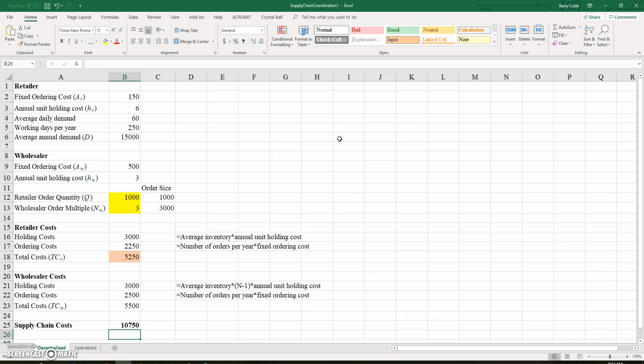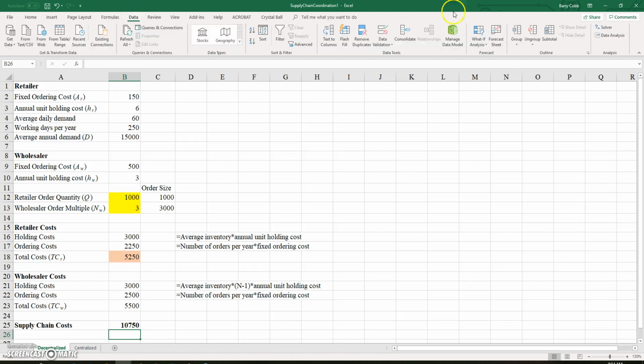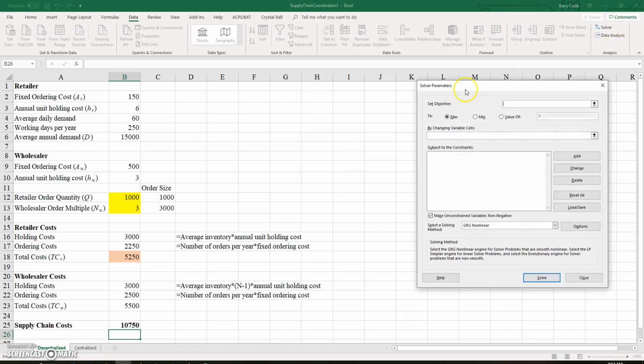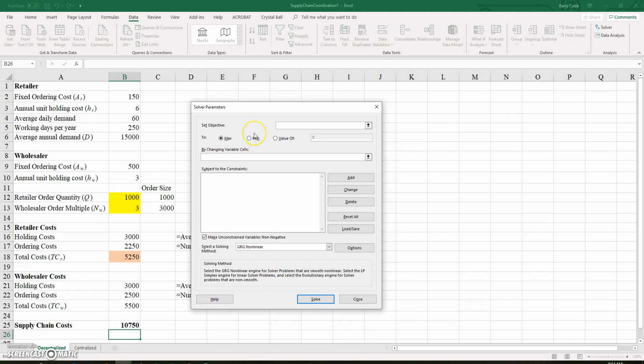Now we need to discuss the solution to the model. The decentralized solution happens in two phases. First, the retailer will minimize its own costs by choosing the best value for the order quantity. We can do this with Solver. So in Solver, we'll set the total cost for the retailer as the objective and minimize this value.